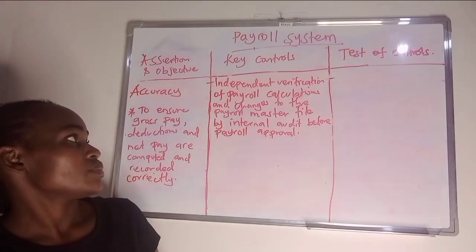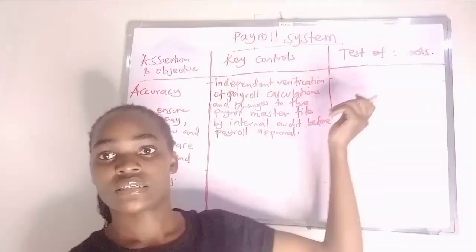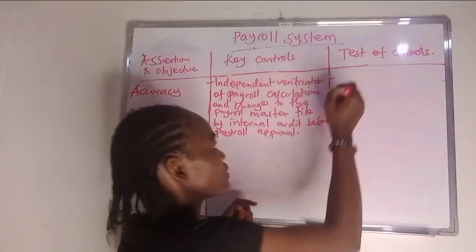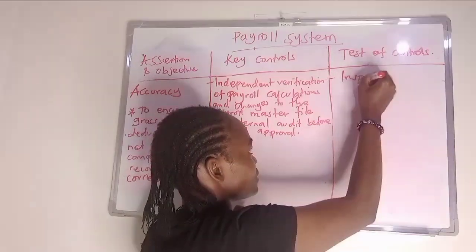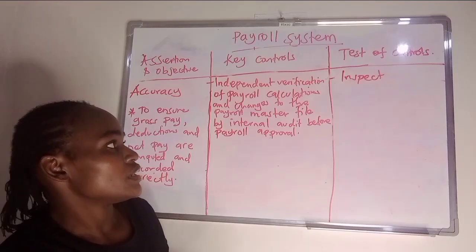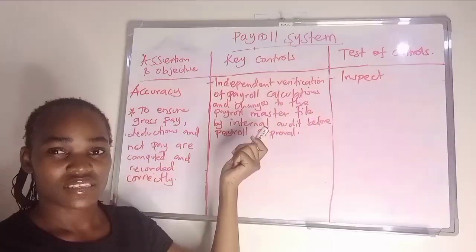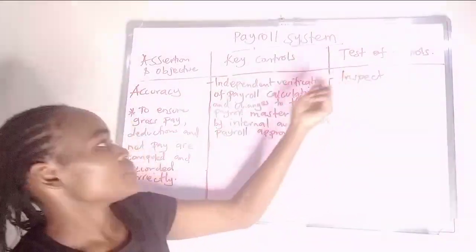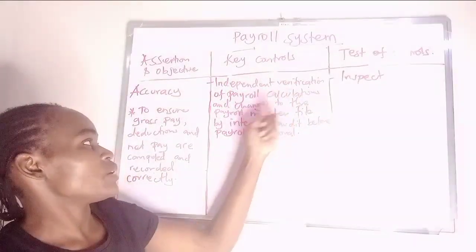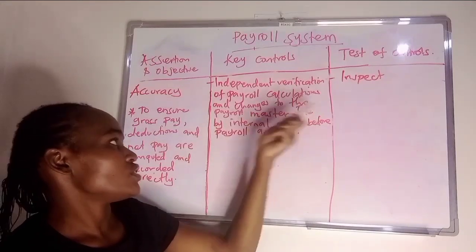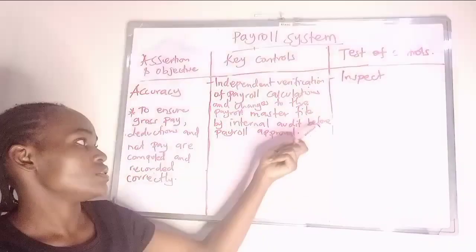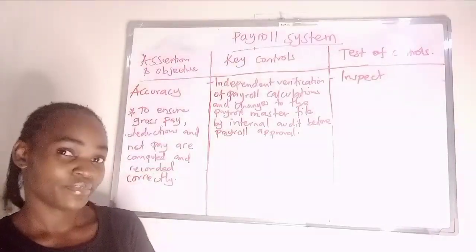The auditor is just supposed to inspect, so inspect and then you add all of this. The auditor is supposed to inspect whether there is independent verification of payroll calculations and changes to the payroll master file by internal audit before payroll approval.